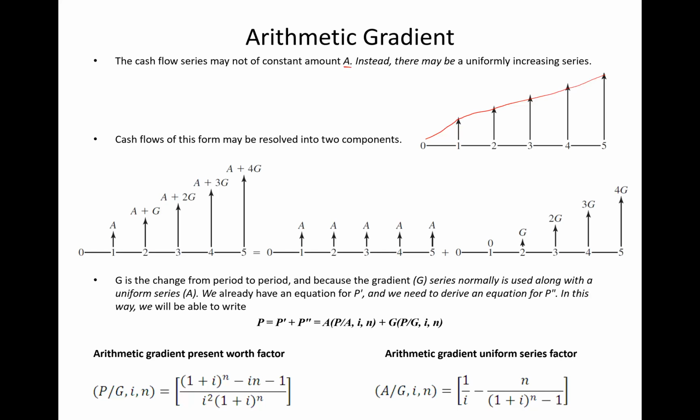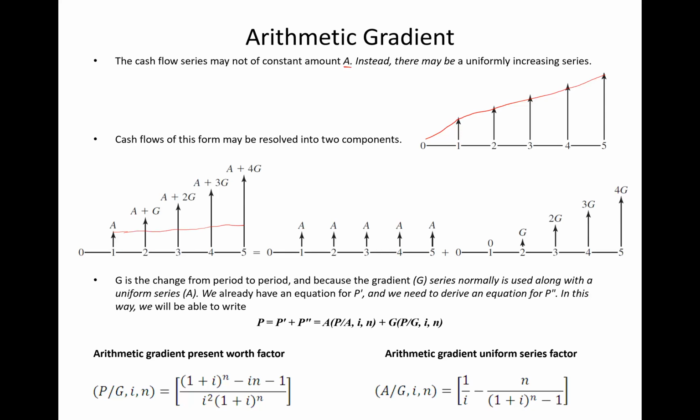If we consider A, a uniform series, this cash flow is a uniform series A: year 1 A, year 2 A, year 3 A, year 4 A, year 5 A. Plus the remaining.